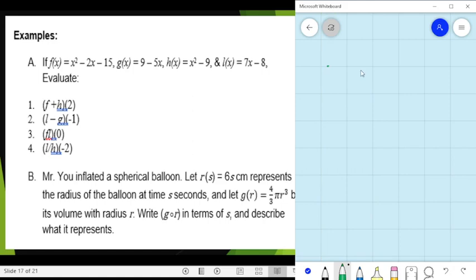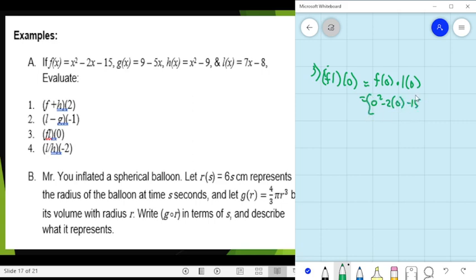Next is number 3. Number 3 is F times L of 0. So what we are going to do is to multiply f of 0 times L of 0. So f of 0 is 0 squared minus 2 times 0 minus 15.